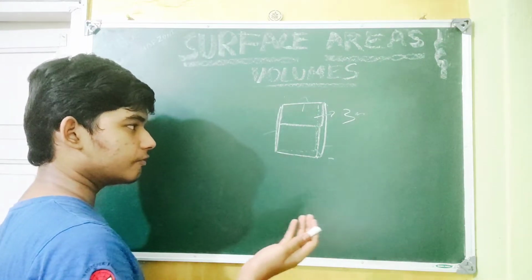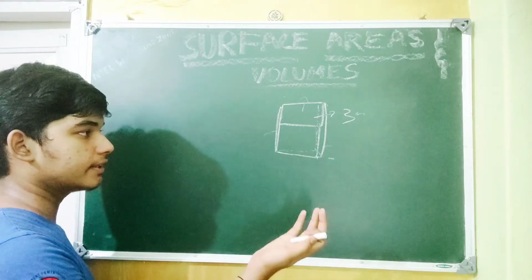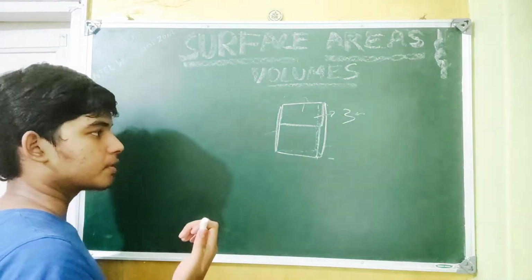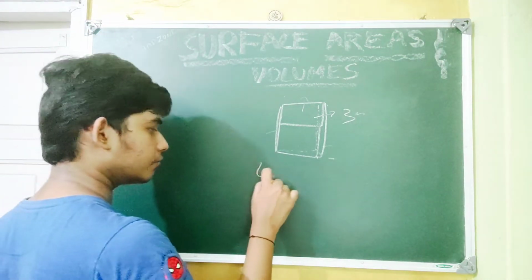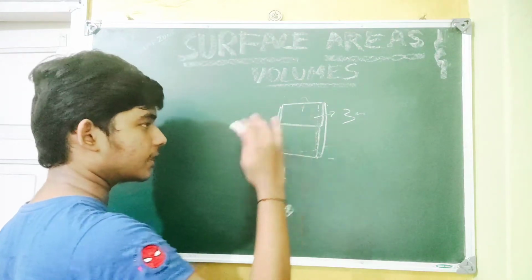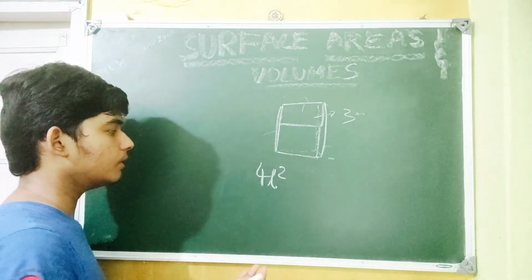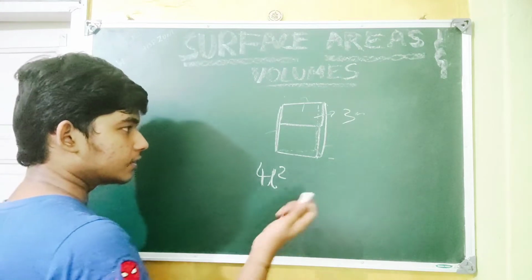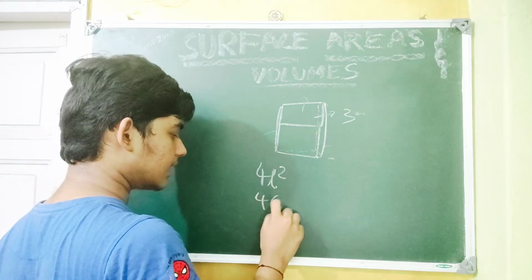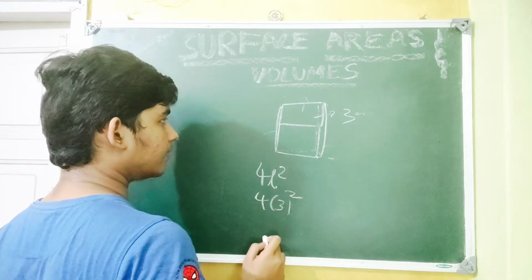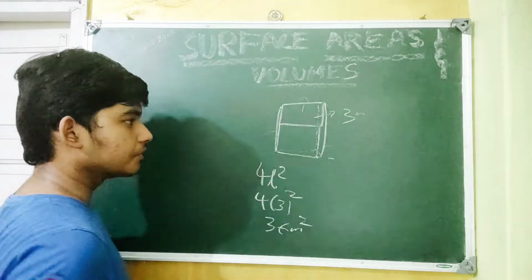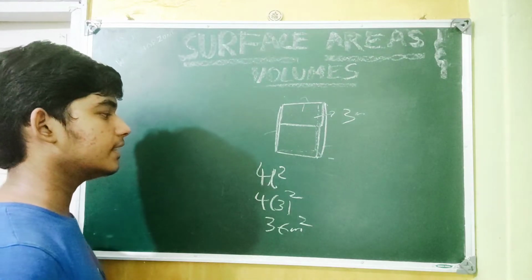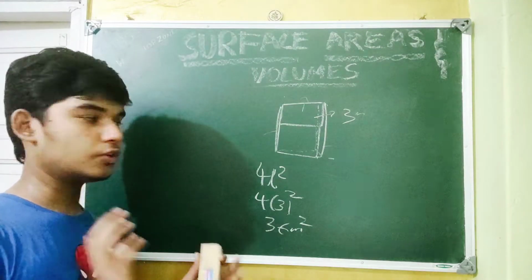Since we only need to find the area of the 4 sides, because lateral surface area does not count the bases, you'll get 4L square because there are 4 sides. And this is the formula for lateral surface area. So if we use it with 3, then we'll get 36 meters square. So this is how you find out the surface areas of a cube.